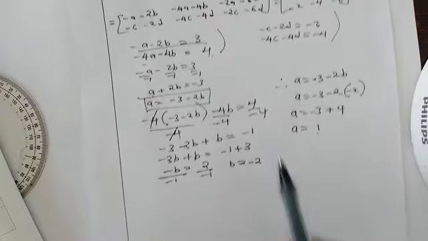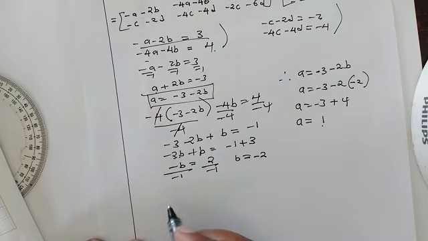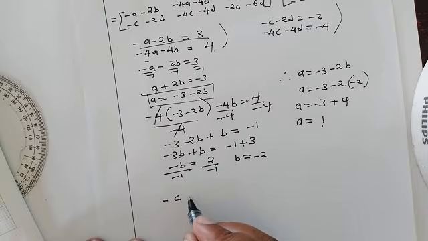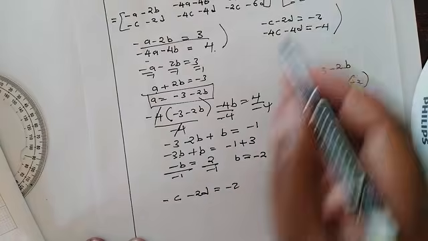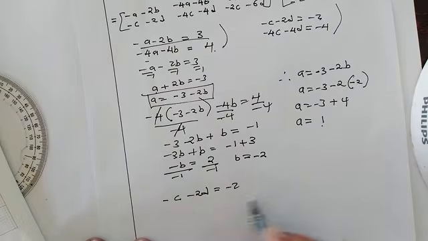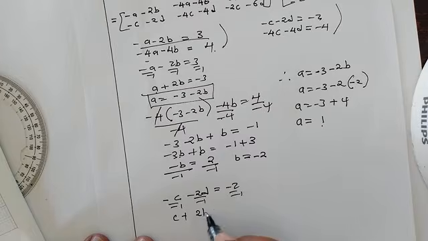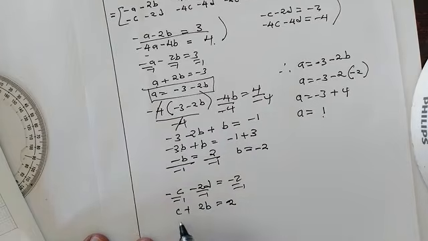So I go ahead and use this to find C and D. I'll say -C minus 2D is equal to -2 using this one. You can divide by negative throughout, so -1, negative 1, negative 1: C plus 2D is equal to negative 2. Okay, so my C is equal to 2 minus 2D.